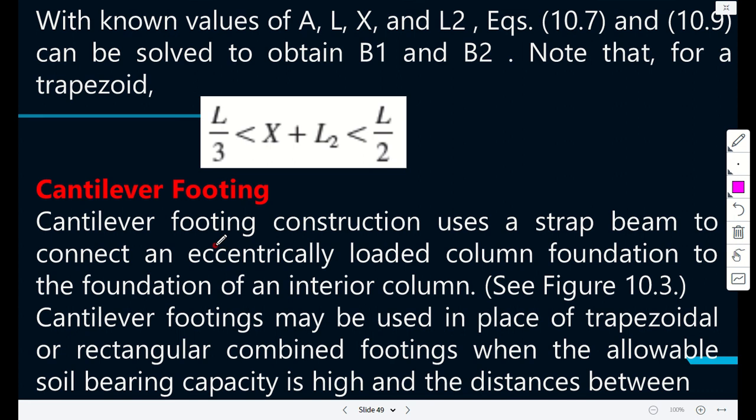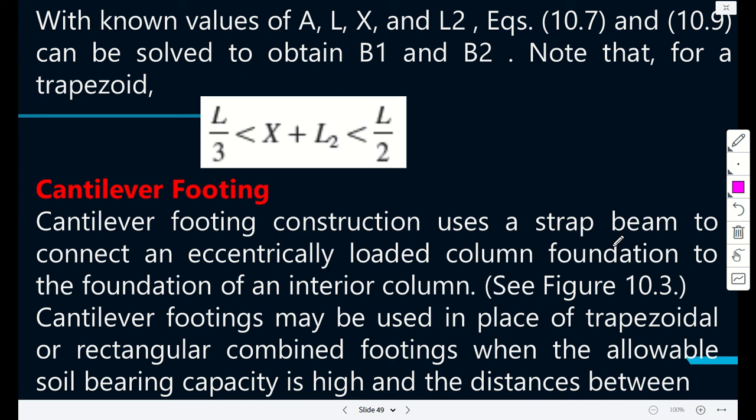So cantilever footing construction uses a strap beam to connect. I think I already said strap beam. Basically, beams carry load by shear. This is the mode of carrying loads for beam elements, for example floors, but columns carry load through compression.